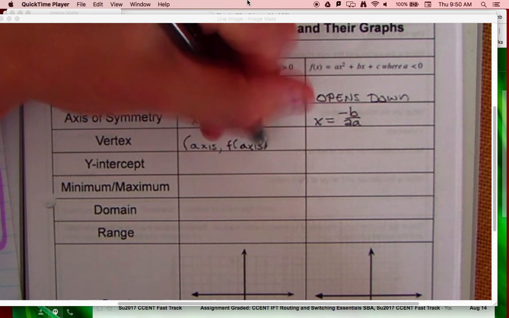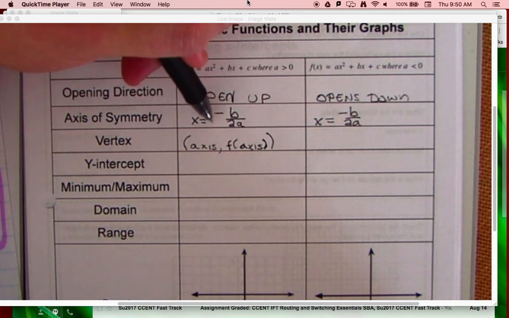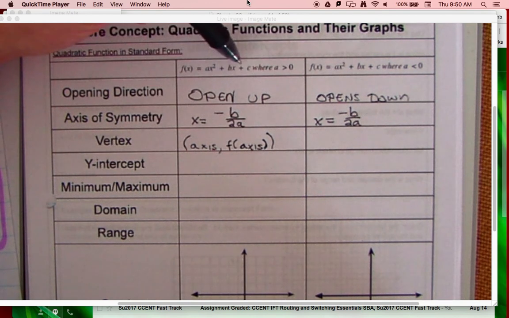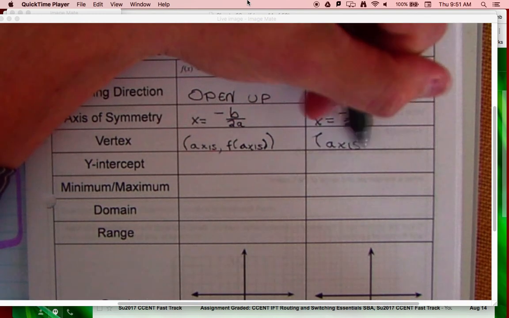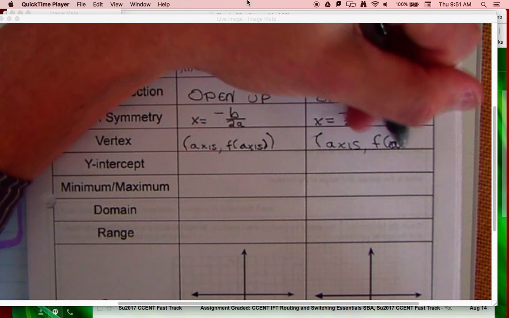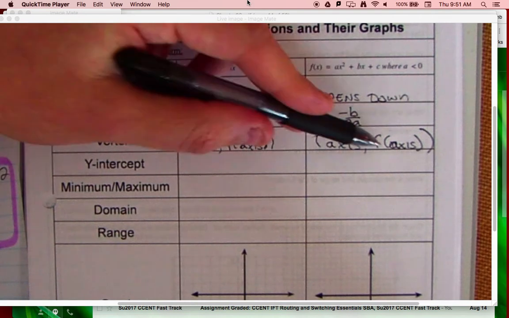Basically, you take whatever you get here and plug that into your original function to get the y-coordinate of the vertex. And that's true for both of these. So you take whatever number you get up here and you plug it in there.